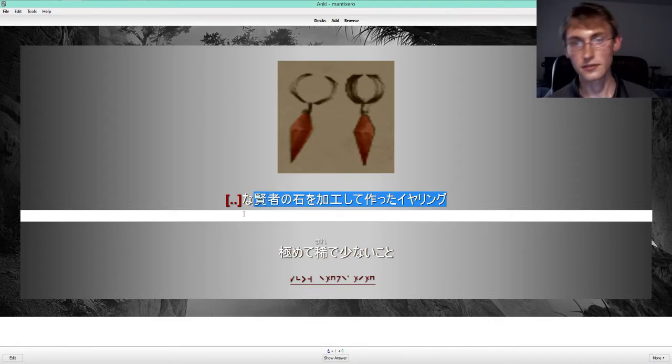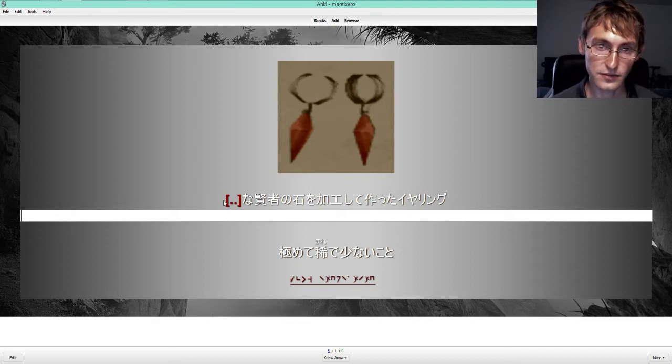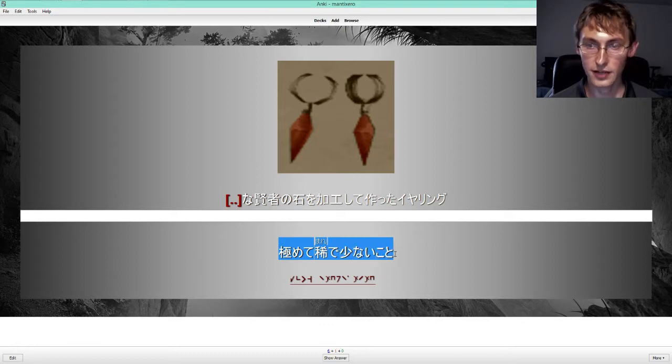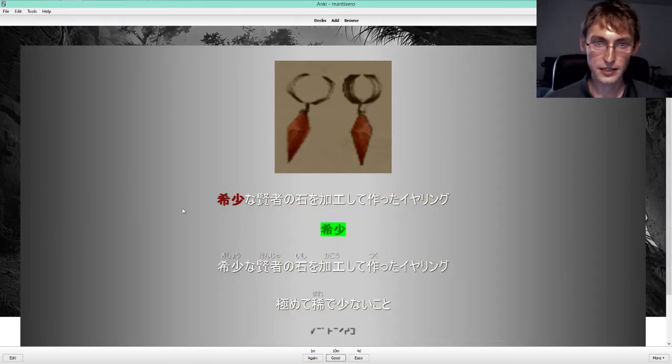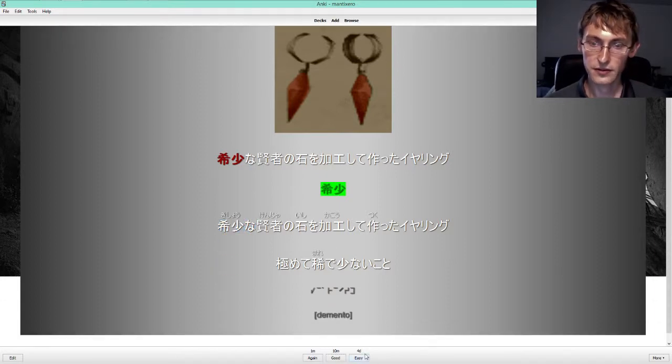I don't know what those are, but this is the adjective modifying sage, and it means 極めて稀で少ないこと. So very rare, extremely rare, and few in number. So that is kisho. So ki, sho. Sorry, probably didn't need to do that, but here you can see the reading of it. So that one was pretty easy.